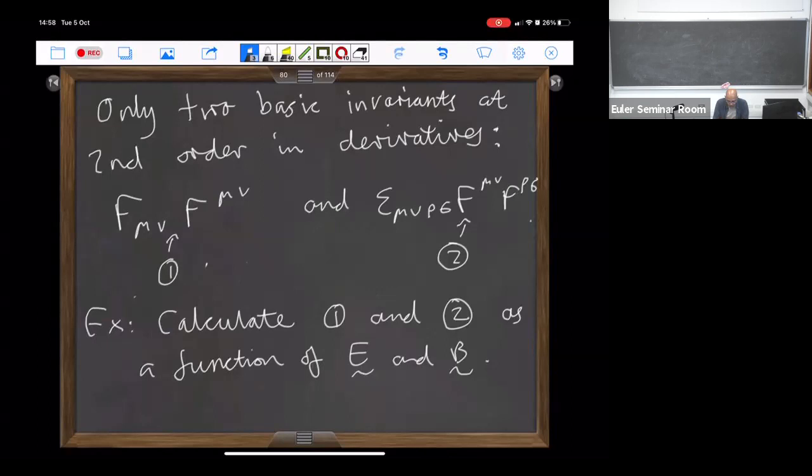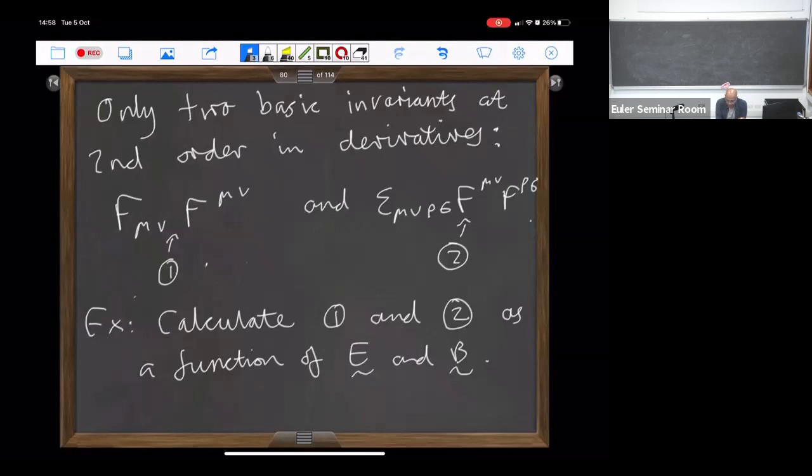So at second order in derivatives, we can have these two possible Lorentz invariant expressions, which I'm just calling 1 and 2. 1 is just F mu nu lower times F mu nu upper, where we contract both the mu and nu indices.